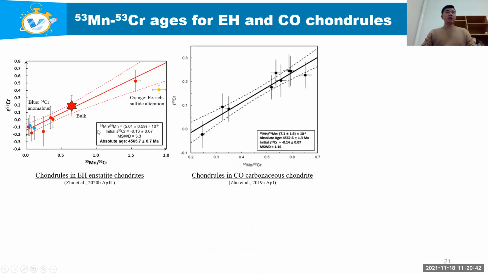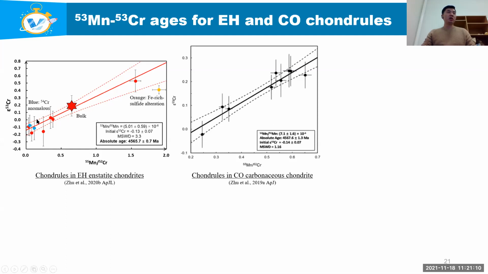So these two figures are my manganese-chromium ages. The first is EH chondrules, and this orange circle is iron rich. I think maybe it is contaminated by some sulfide, so I didn't include it in my isochron. And these two blue ones have anomalous epsilon 54 chromium values.